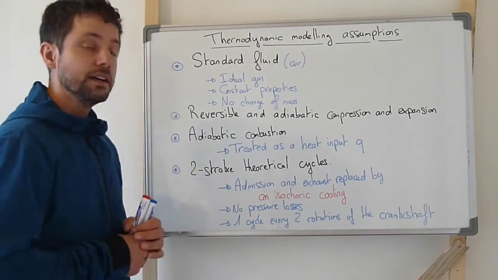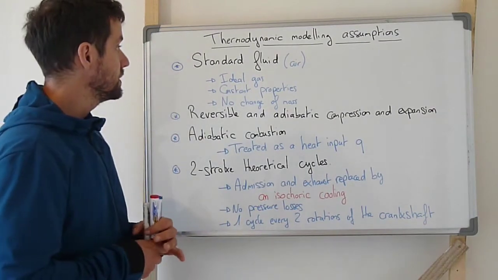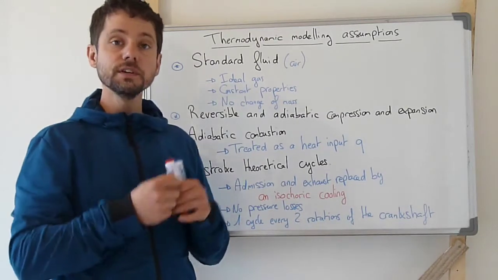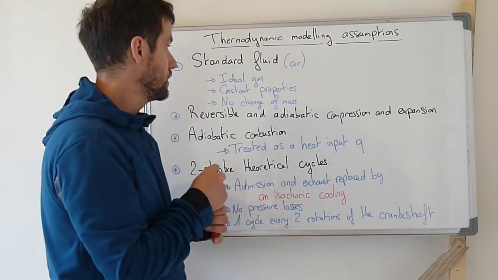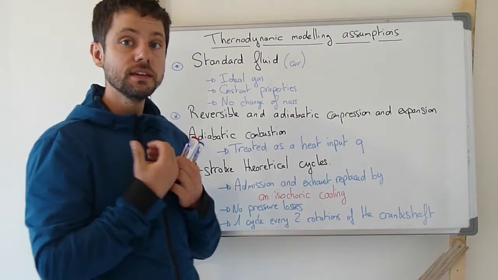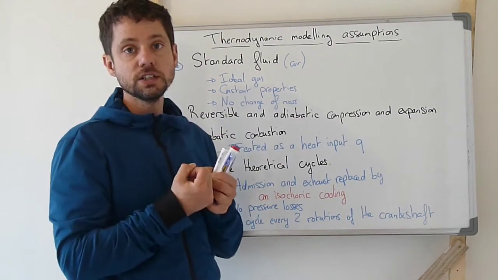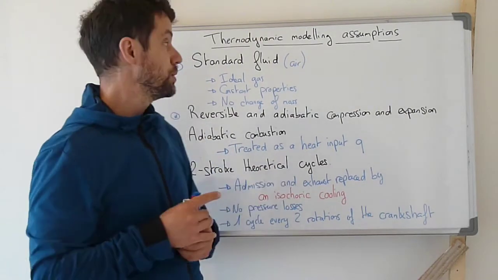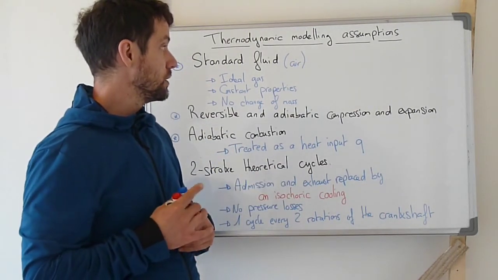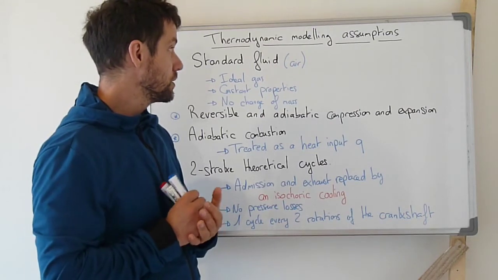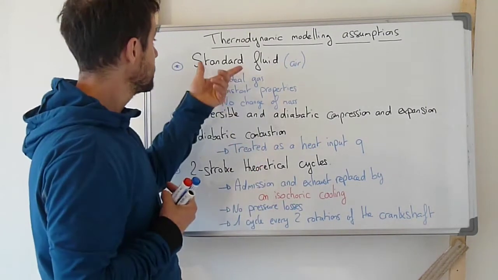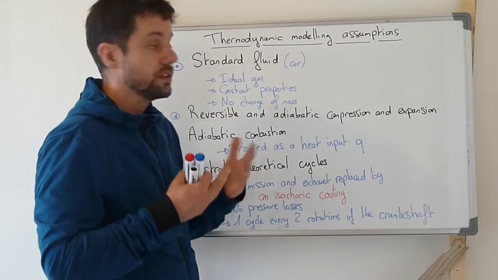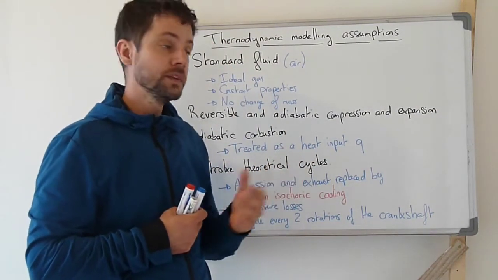So, first big assumption is that we consider that inside the cylinder we have a standard fluid. So we don't take into account the change of chemical nature of the fluid that is due to combustion, and we consider usually that this standard fluid has the same thermophysical properties as air.